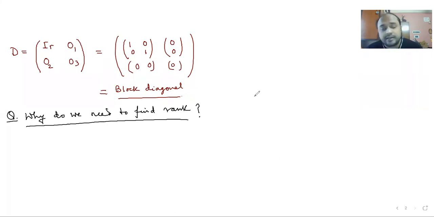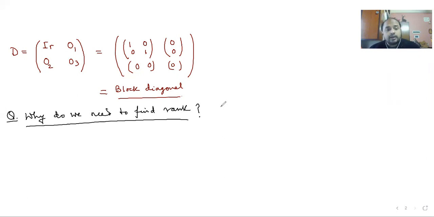I said that if you cannot find the rank of a linear transformation directly, then indirectly the rank of the linear transformation can be found from the rank of its matrix representation. That doesn't answer the question of why we need to find rank. Why do we need to find the rank of a linear transformation at all? If someone asks, what should my reply be?